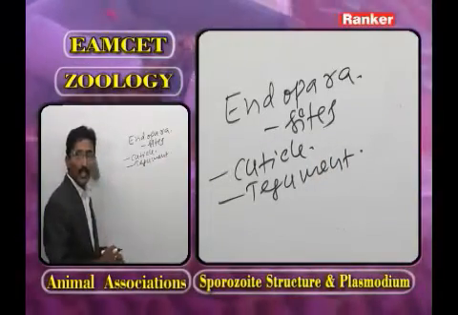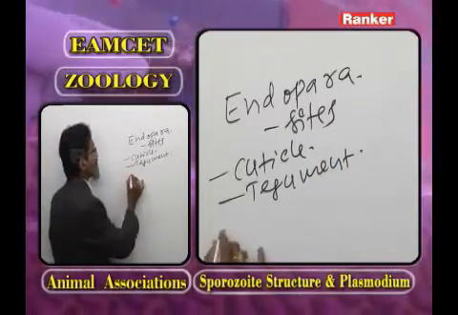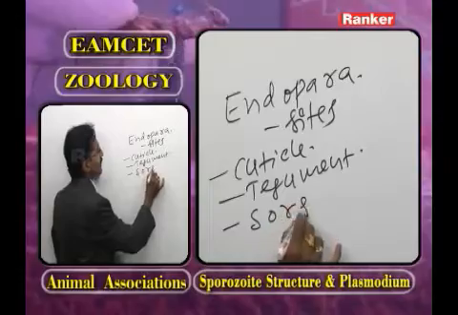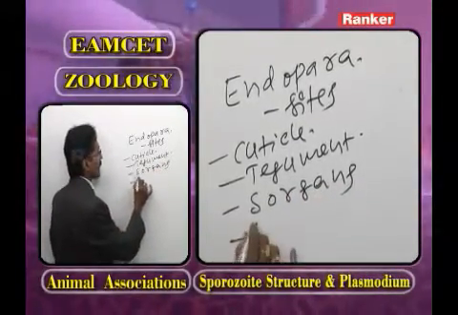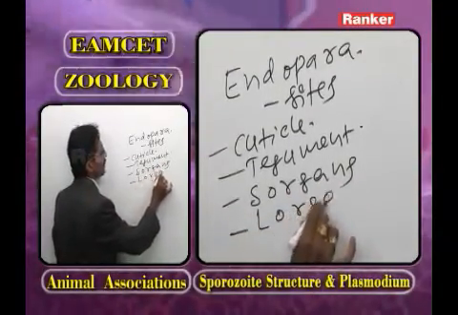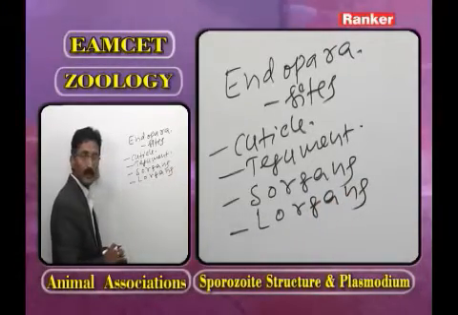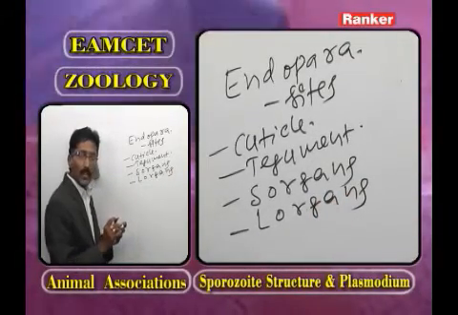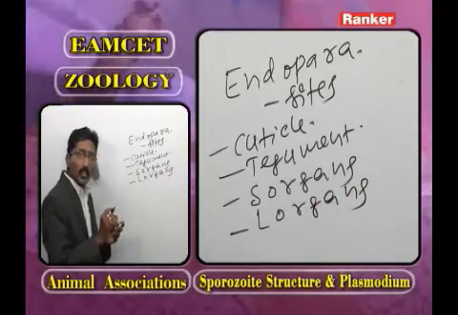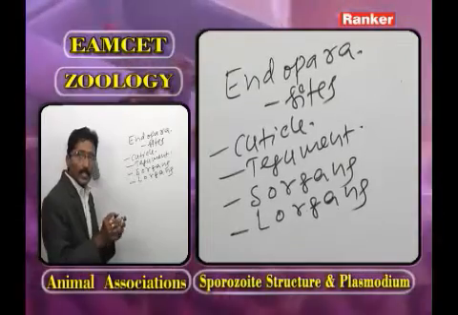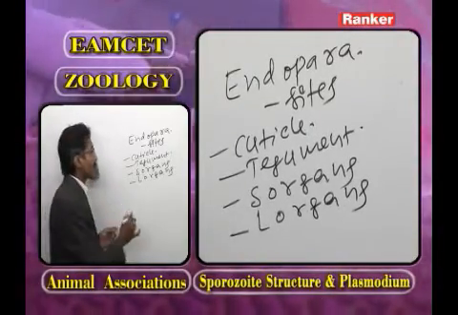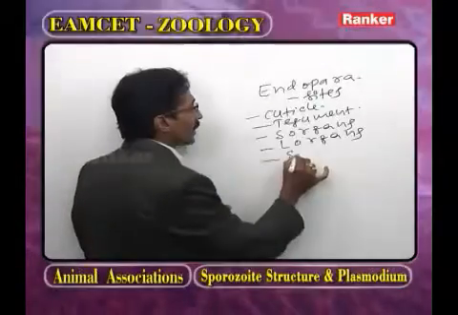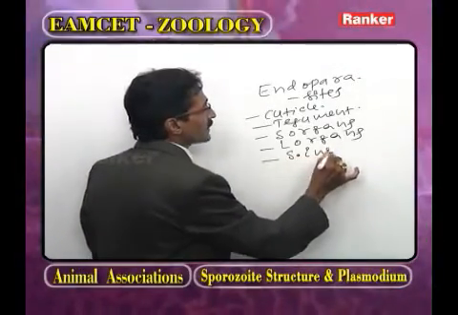In endoparasites the sense organs are absent, and the locomotory organs are absent. Some endoparasites complete their life cycle in blood-sucking insects, which are called sanguivorous insects.